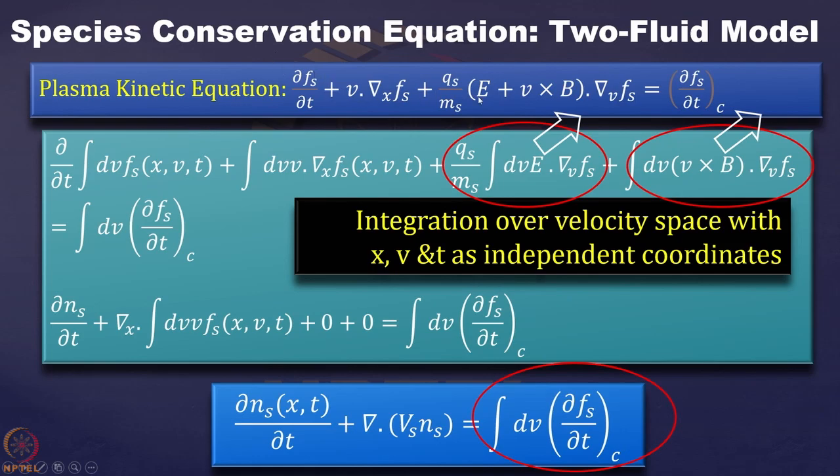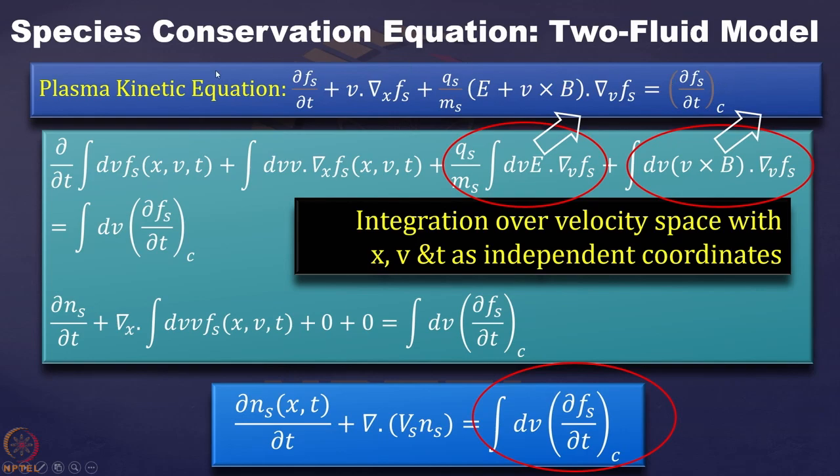So we started with this Boltzmann kinetic equation, and this is the collision term, which is a bit problematic for us because we don't have enough knowledge about the collisional mechanism that is happening over here.